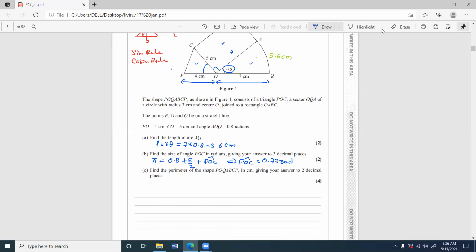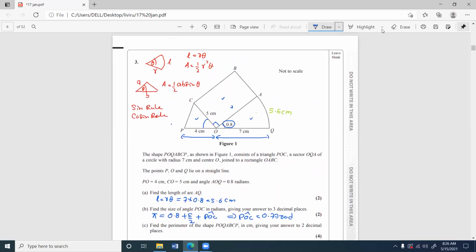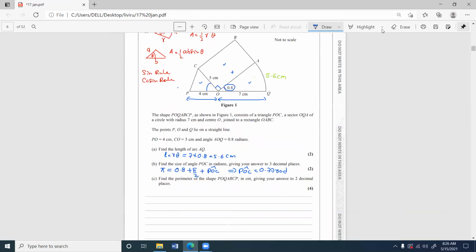Okay. Find the perimeter of the shape POQBC. So we'll go ahead with the perimeter of this shape, P O Q A B C P. You can see PO is 4, OQ is 7, then the arc AQ we already found is 5.6.